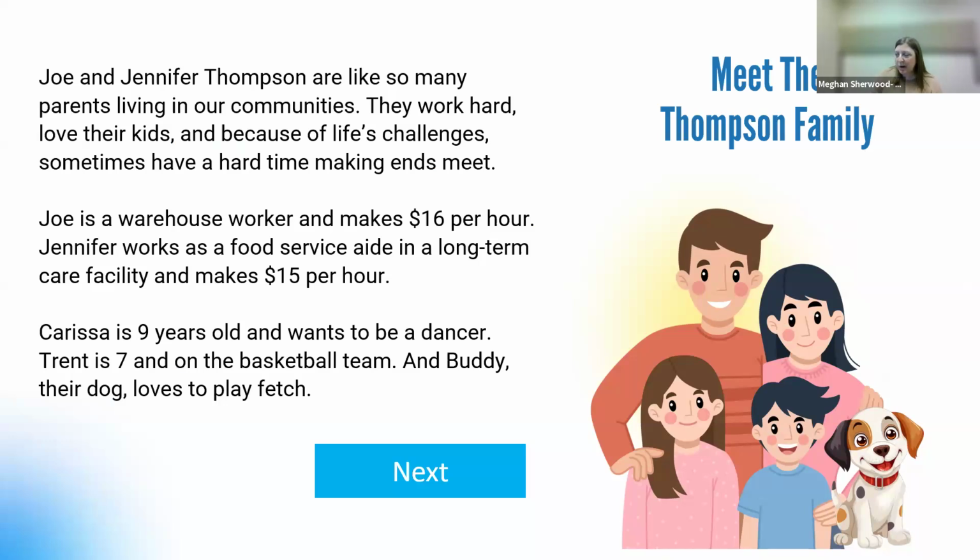Joe is a warehouse worker who makes $16 per hour, and Jennifer works as a food service aide in a long-term care facility and makes $15 per hour. So they are making $31 per hour together. They have two children, Carissa, who is 9, and Trent, who is 7, so both school-age children. And they also have a dog, Buddy, who you can see here in their lovely family picture.